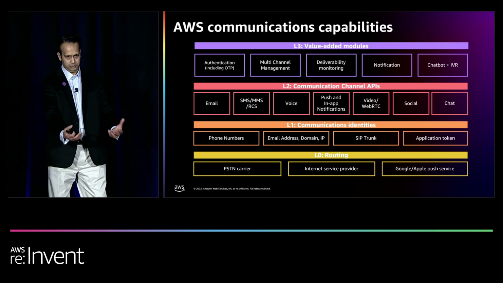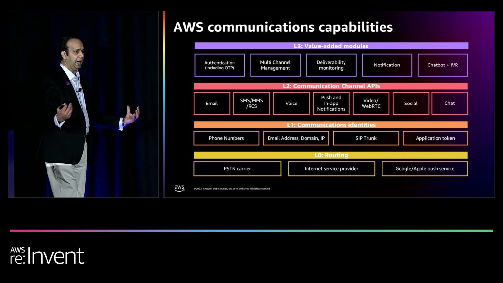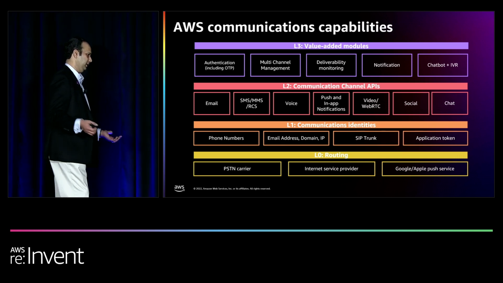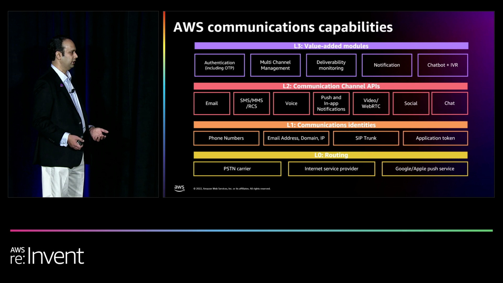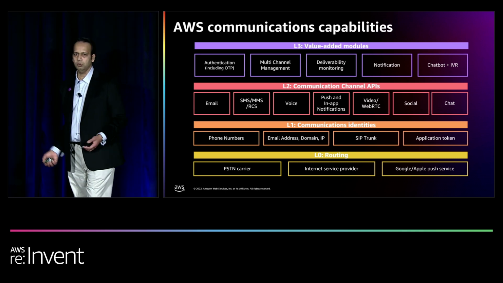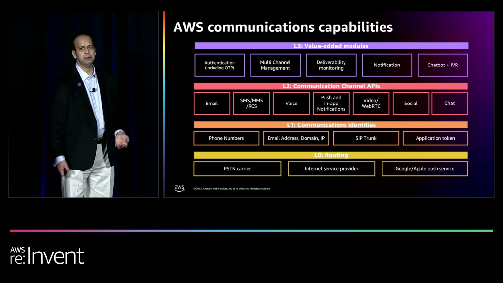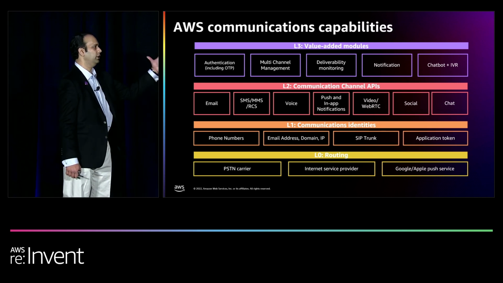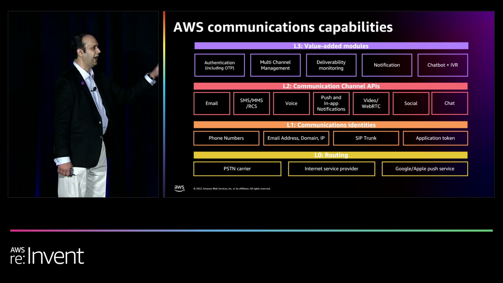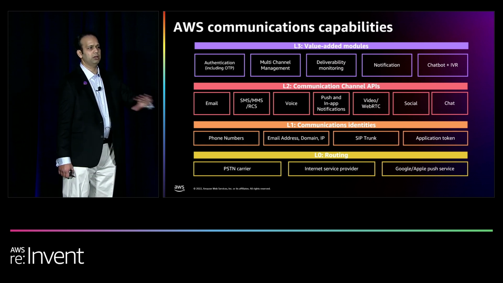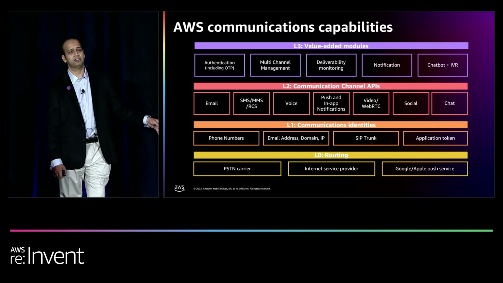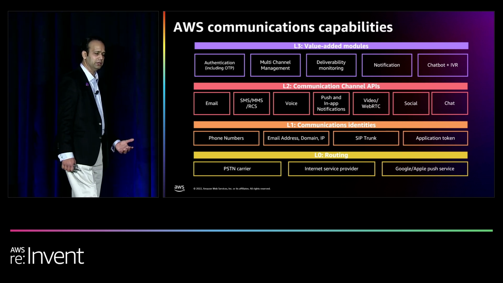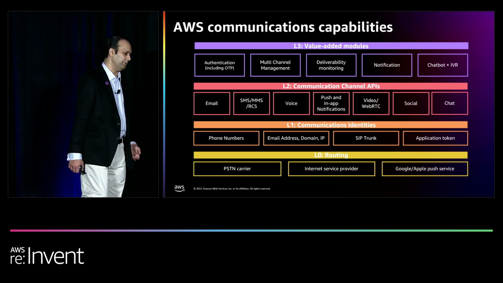And so in that world, Pinpoint provides a value-added API that makes it, within about three lines of code, I can basically add OTP to my password form, for example, on my website. So for common workloads, we've created value-added APIs that streamline that process, making it very simple for a developer to add that capability to their website.